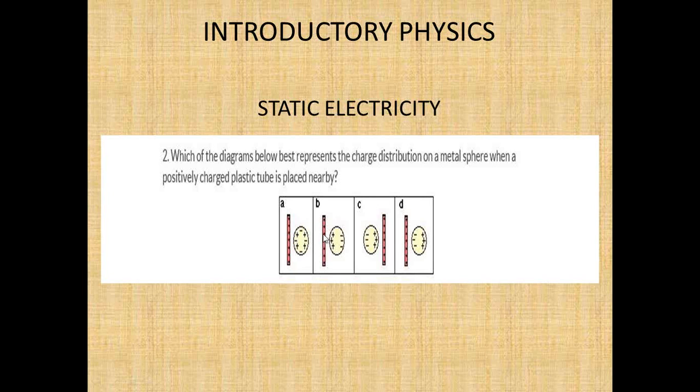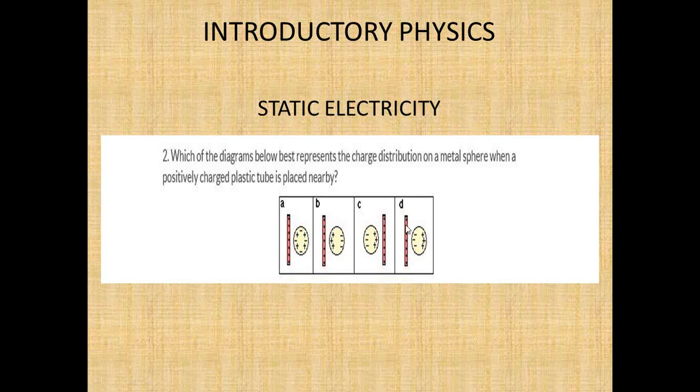Again, you have a positive tube here. It's going to pull electrons. Remember, the protons are in the nucleus, and they usually don't move. So if you have a positively charged tube, it's going to pull electrons. This one doesn't make any sense.